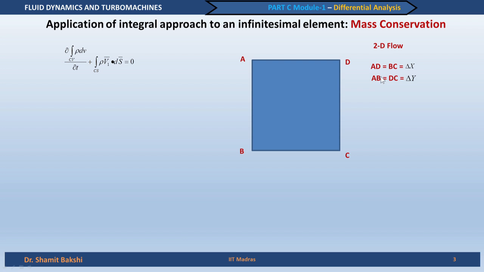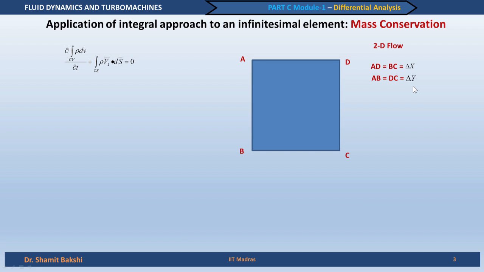Now, the elemental size in the x direction, that is AD or BC, is delta x, and the elemental size in the y direction, that is AB or DC, is delta y. So, this is basically the size of the control volume.